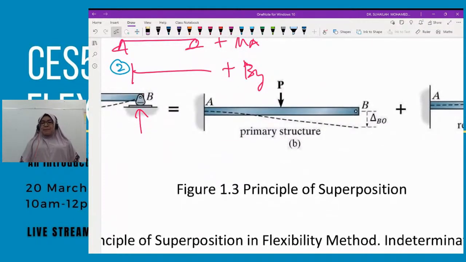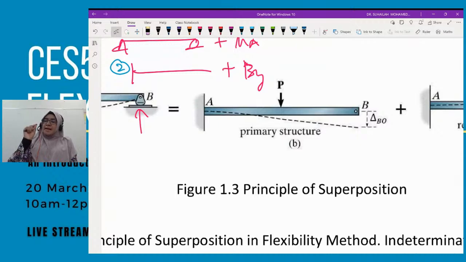Okay, so primary beam diagram B. So because the roller has been removed, just remove BY. Bila kita remove BY, dia jadi cantilever. Bila dia jadi cantilever, bila ada P on top of the B, what happen? Ada deflection.